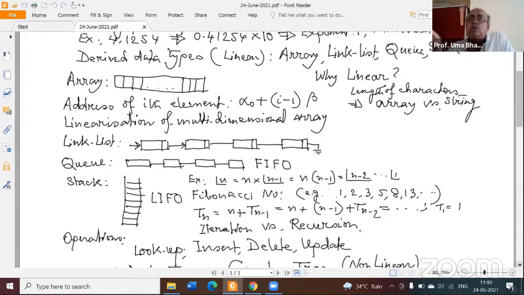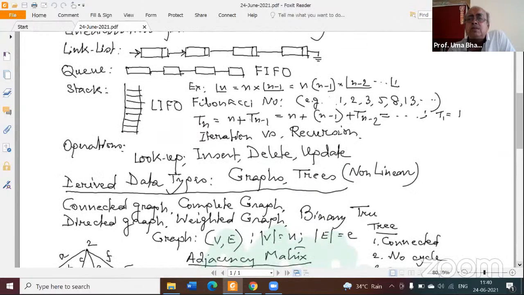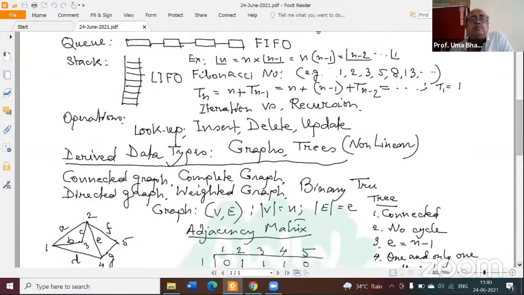That's why these are known as linear data types. The moment we say linear data types, of course, we'll have non-linear data types. What are those non-linear data types? Graphs and trees. And these are also derived data types.